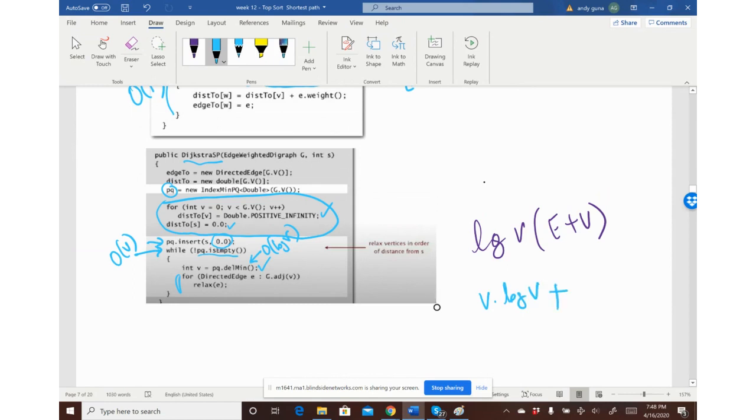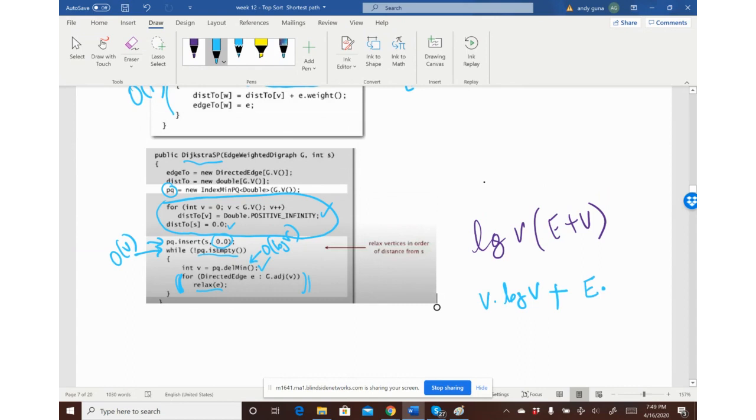That's one part of the formula. Now, the other part of the formula is that every time you get something, you have to relax the edge. Relax the edge means that every edge you find in that adjacency list of V, you will have to relax it. So every time you get an edge, we get E edges to worry about.